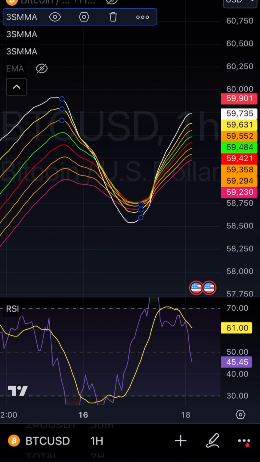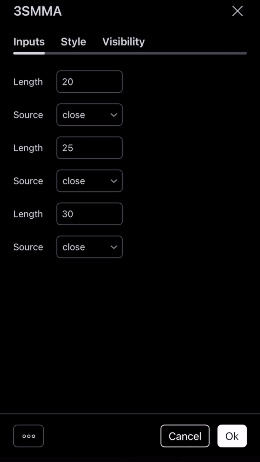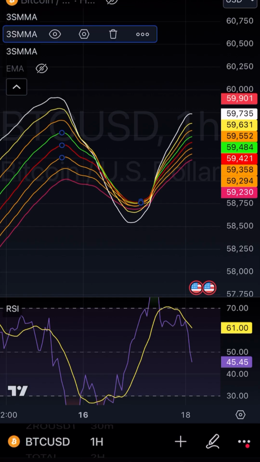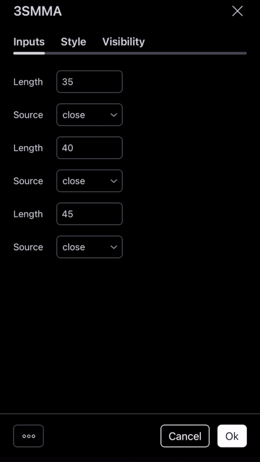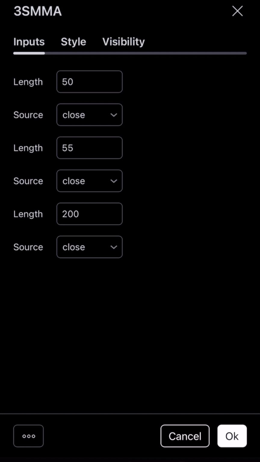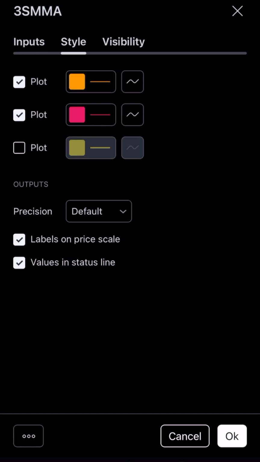But if you don't use 3 smooth moving averages, you have to use quite a few moving averages. So you'll need the moving average exponential of 20, 25, 30. And then you enter it again: you're going to have 35, 40, 45. And then you're going to have 50 and 55.